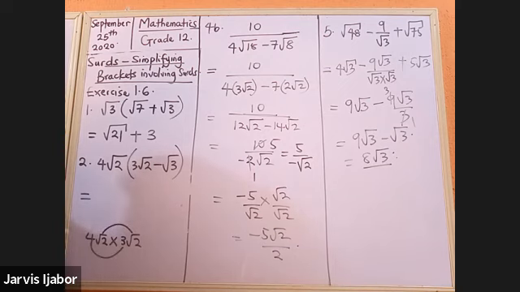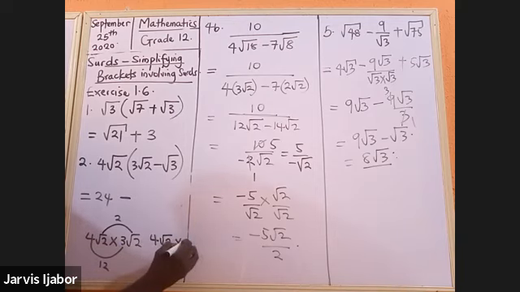So 4 times 3 is 12, and root 2 times root 2 is 2. So 12 times 2 will give me what? 24. Minus, according to the description of the question. Now you have 4 root 2 times what?